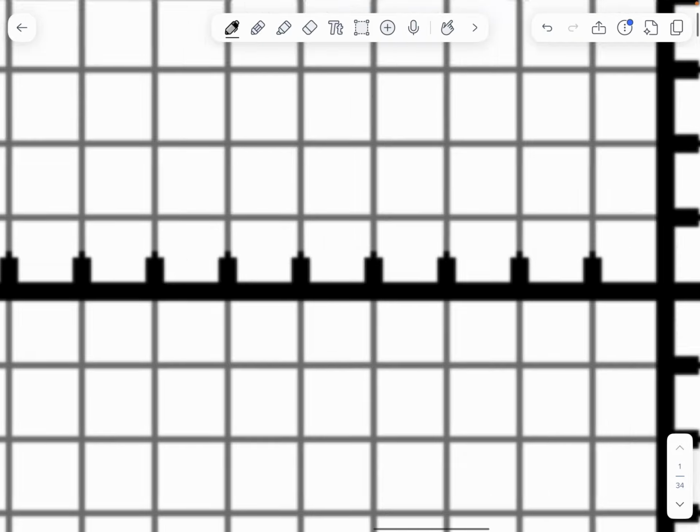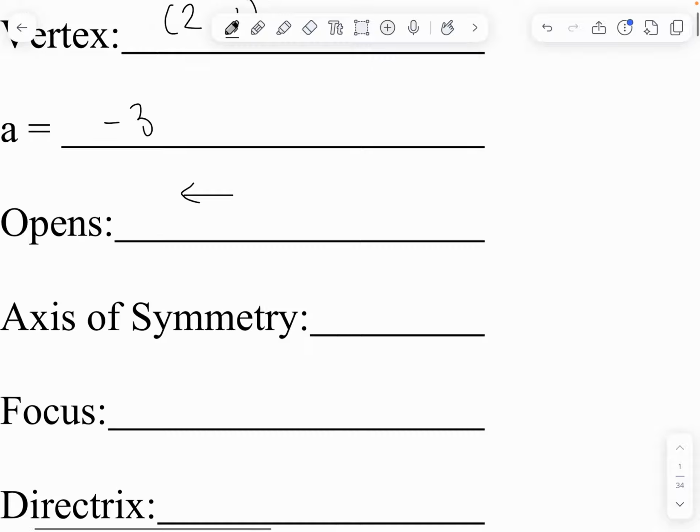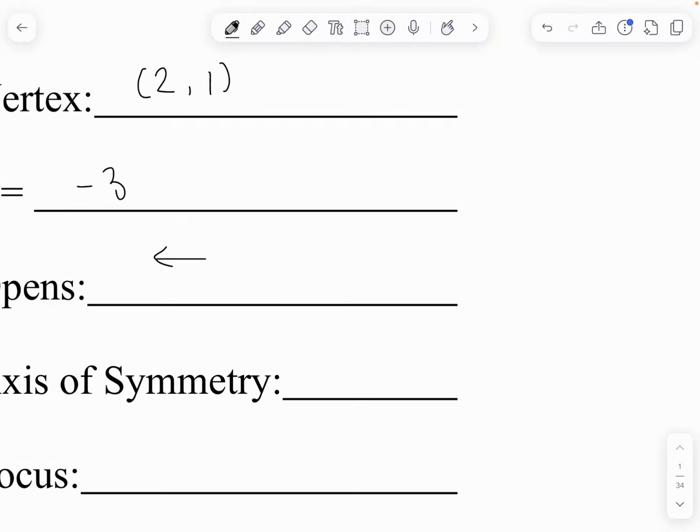An axis of symmetry, since this is a horizontal parabola, we're going to be basing this off of the y of the vertex. So this is just going to be y equals 1.